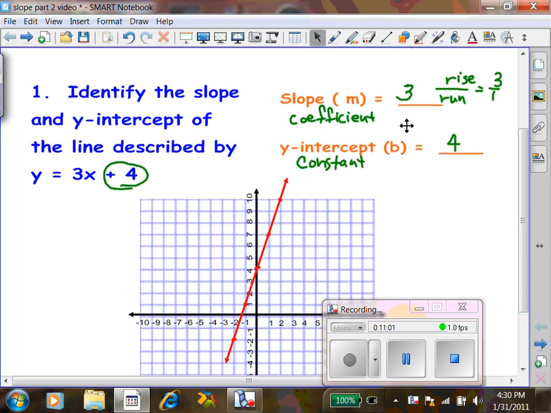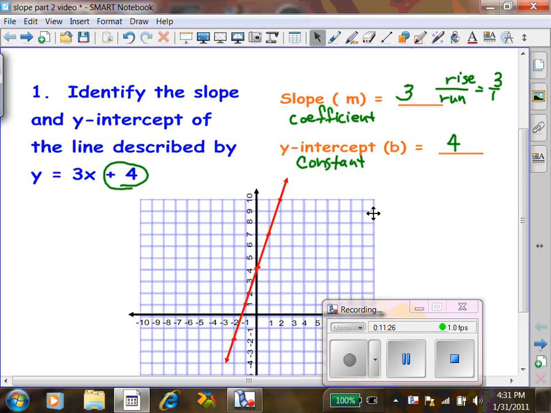That means it's very steep. It was a positive 3, which means that's why it goes up from left to right. And we had a rise of 3 and a run of 1. When the rise is bigger than the run, that means it's going to be steeper. If it's the opposite, it's going to be not so steep. It's going to be much less slanty than if your rise is the bigger number.